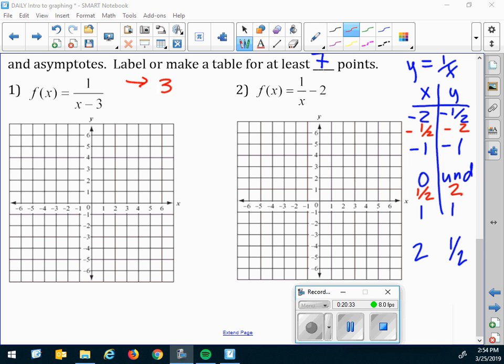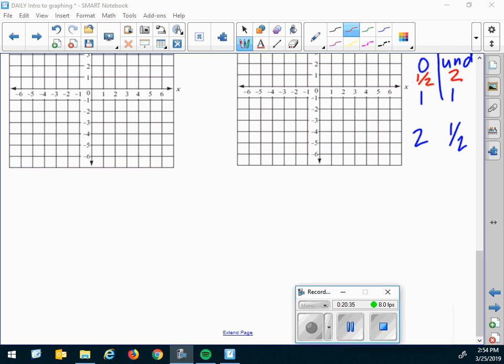Where was the vertical asymptote and the horizontal asymptote for the parent graph? The vertical was x equals 0 and the horizontal was y equals 0.